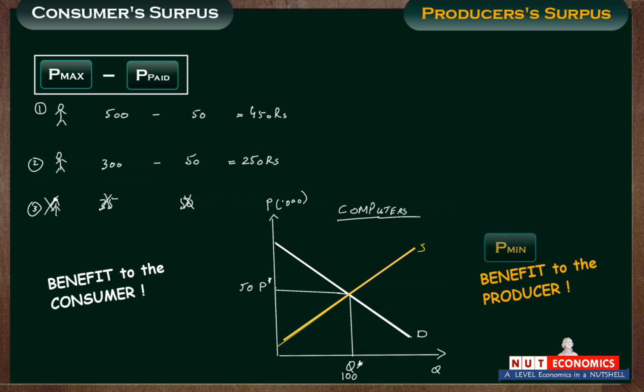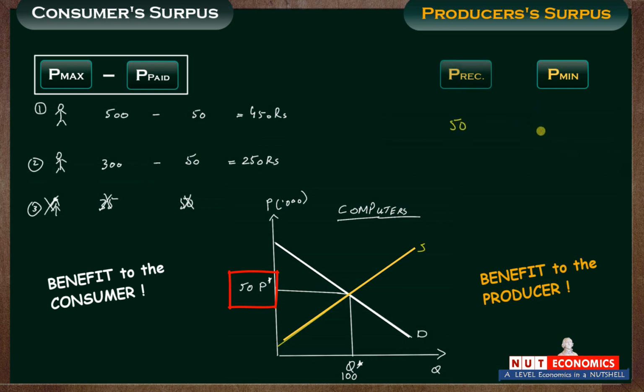But what we are saying here is that in their minds, all the producers will always have a certain minimum price. So P minimum. And then we compare this minimum price that they would accept with the price that they actually receive, which is again going to be 50,000 per computer.